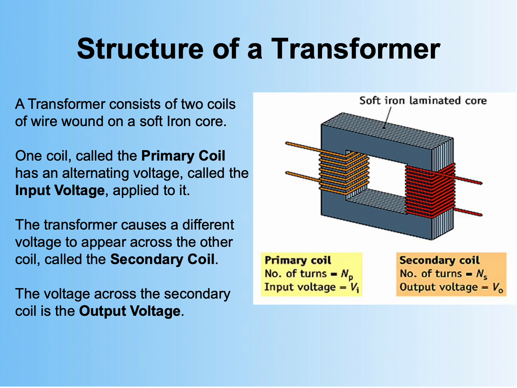And we can count the number of turns on either side. So we can count the number of turns on the primary, count the number of turns on the secondary, and we can apply an input voltage, and then we can measure an output voltage on the secondary side.